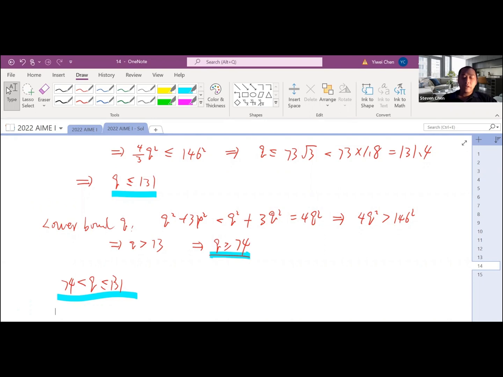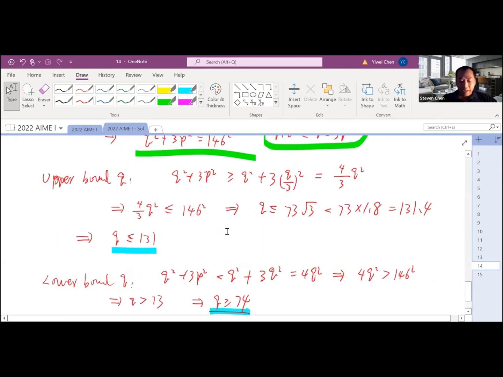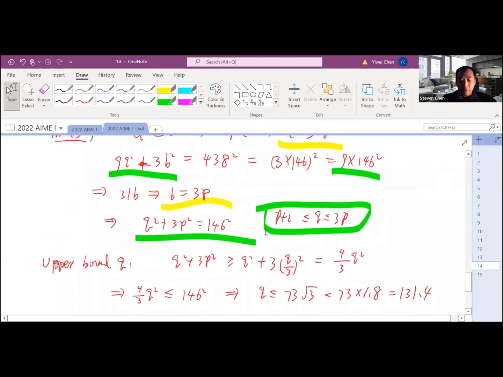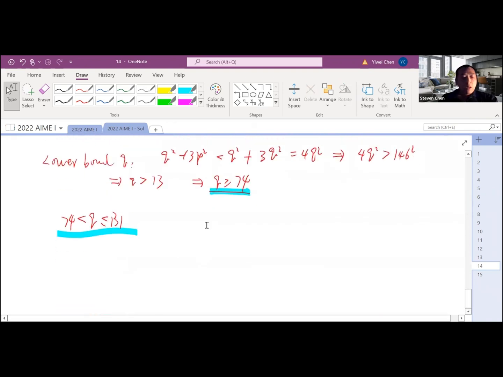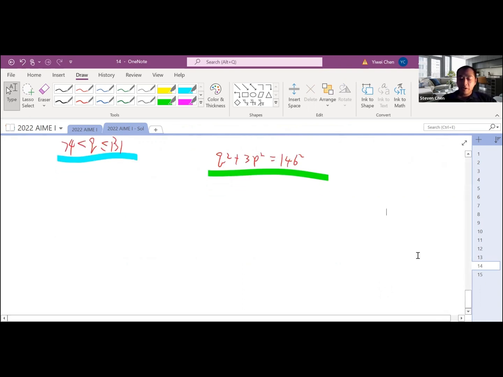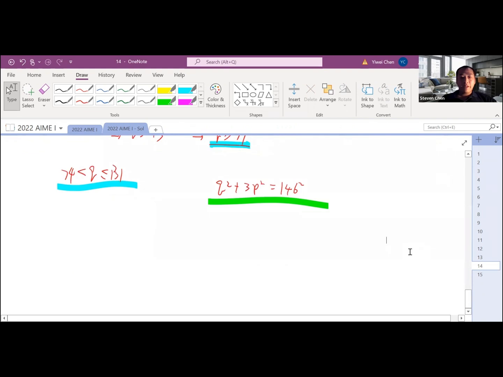Yes. So again, let's go back to the green equation here. So let me copy paste this equation here. So let's try to do some additional modular arithmetic analysis and see what kind of Q's in this blue range are not feasible.